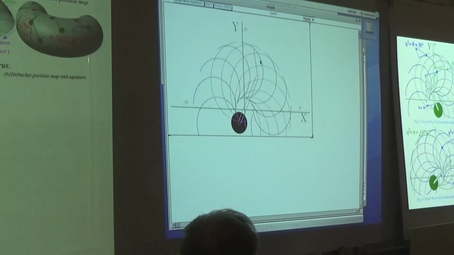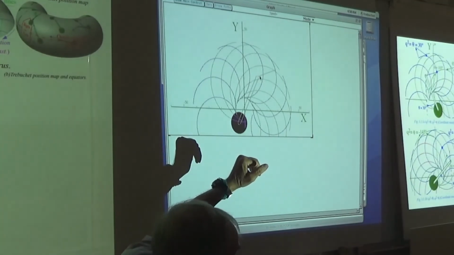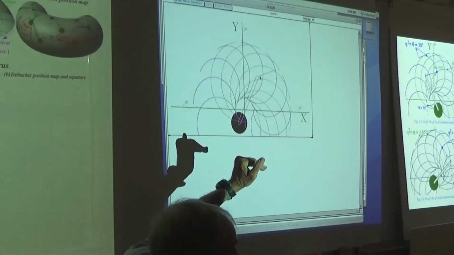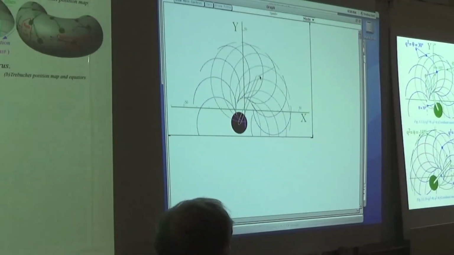You see, this would be a case of I go from a Trebuchet that's completely locked up to one that's completely open, and it's a left-handed Trebuchet, right? Your fingers bend this way on your left hand, not the other way, right?